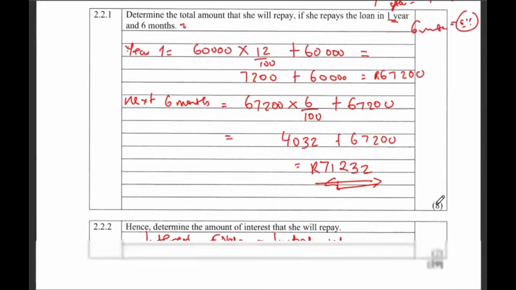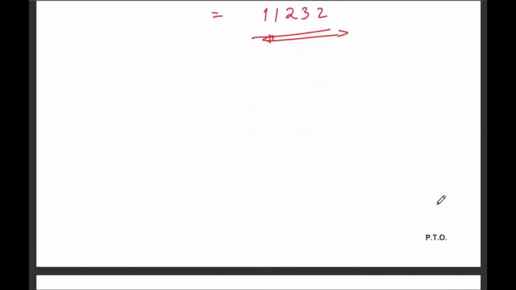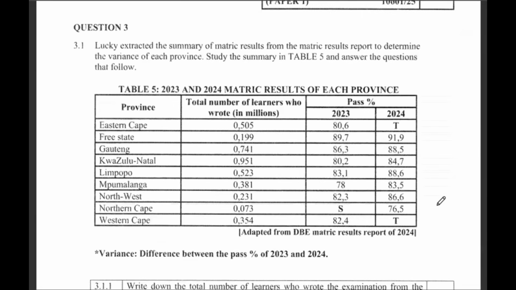All right, so guys, that is that with question number 2. We move on to question number 3. Question number 3, they're telling us that Lucky extracted a summary of metric results from the metric report to determine the variance of each province. Study the summary in table 5 and answer the questions that follow.